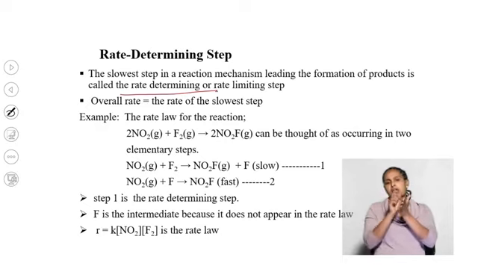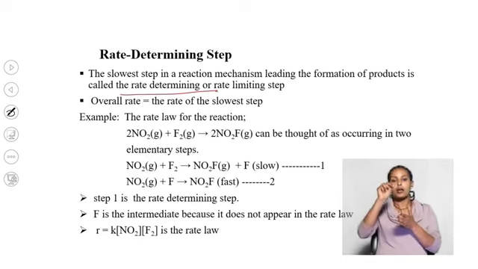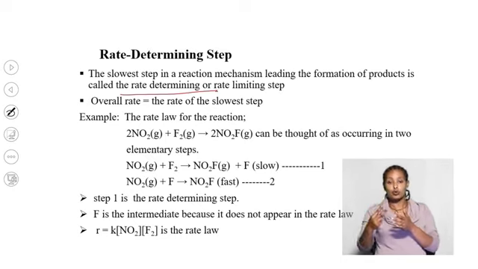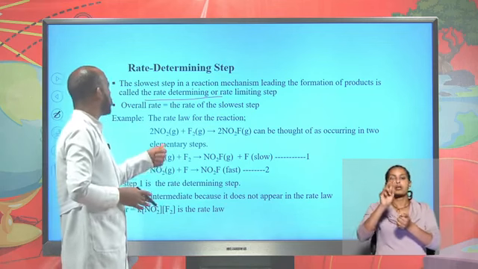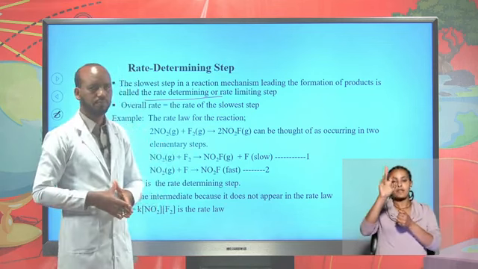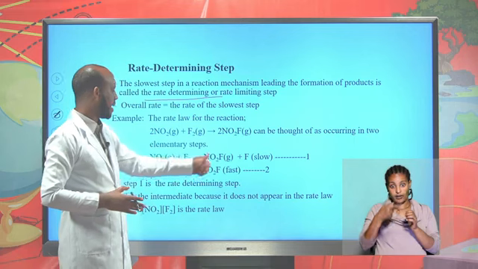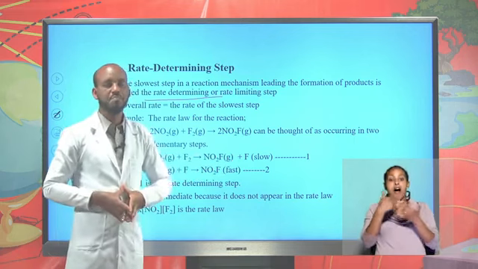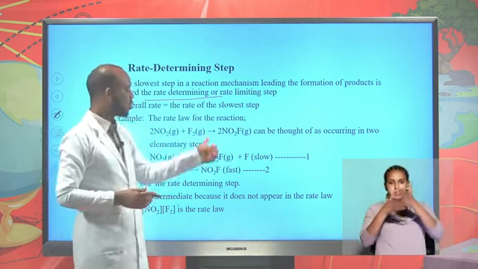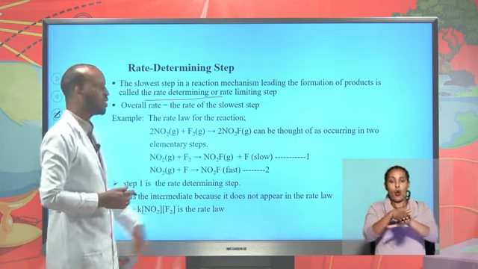For example, the rate law for the reaction 2NO2 gas plus F2 gas to form 2NO2F gas can be thought of as occurring in two elementary steps. As we said, for a reaction having multiple steps, the slowest step is the rate determining step.